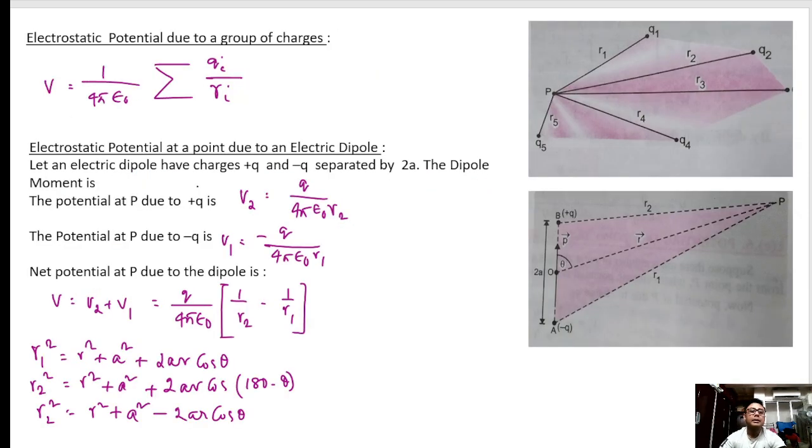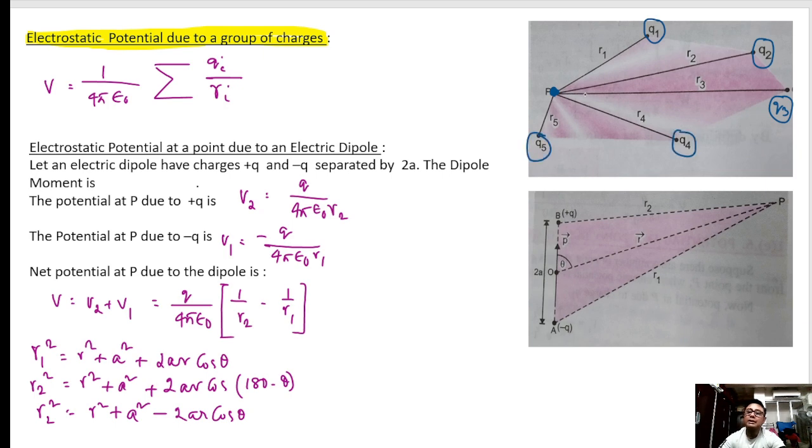Next, electrostatic potential due to a group of charges. So see here, suppose these are a collection of charges, as you can watch here. Here is a point, this is a charge Q1, Q2, and here Q3, Q4, Q5.